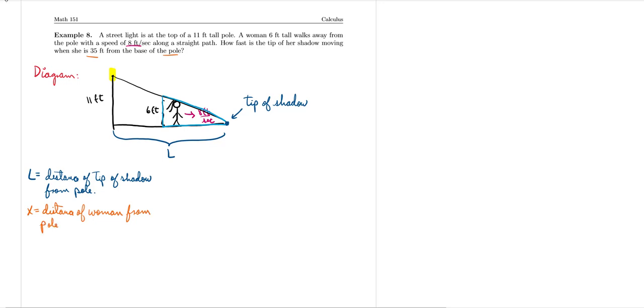So I have an X right here. Now this is what's going to allow us to create the triangles. So I'm going to go ahead and use an equation with similar triangles.